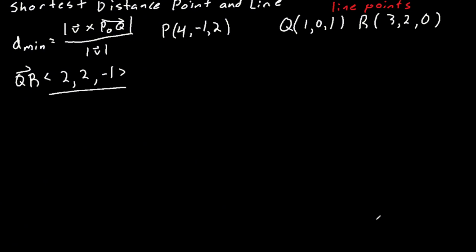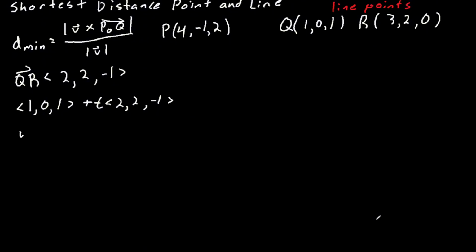So this would be the vector that is parallel to the line here. And then for any point on the line, let's just use Q here, 1, 0, and 1. So the function for this line would be 1, 0, 1 plus t times the vector that is parallel to the line. And this is what we would get.